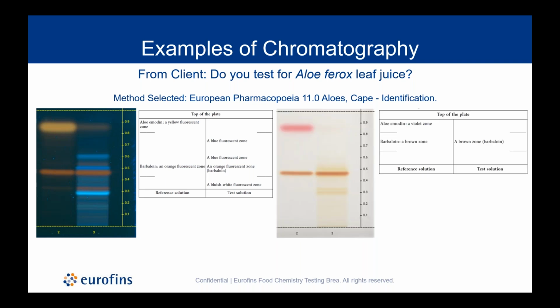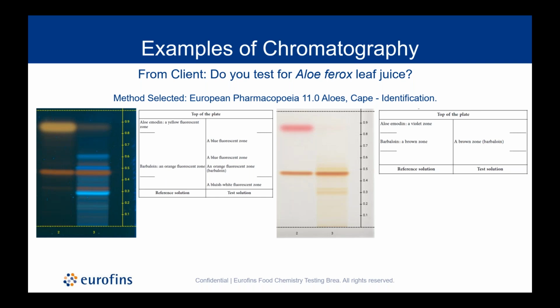So there's another image and another set of acceptance criteria for this method. And the difference is on the dark background, that's a UV 366 nanometer light visualization. On the light background, that is a white light visualization. And the images are captured in a TLC visualizer instrument.